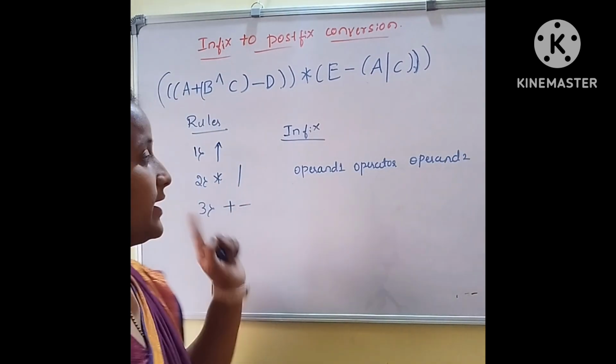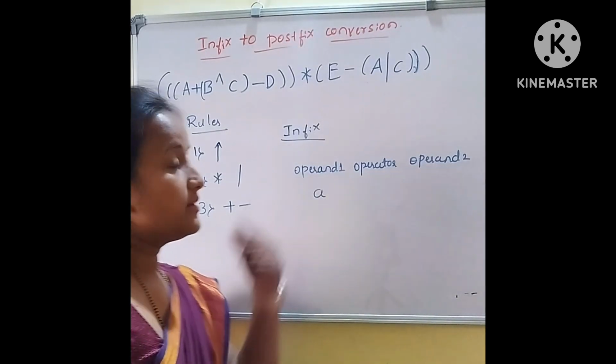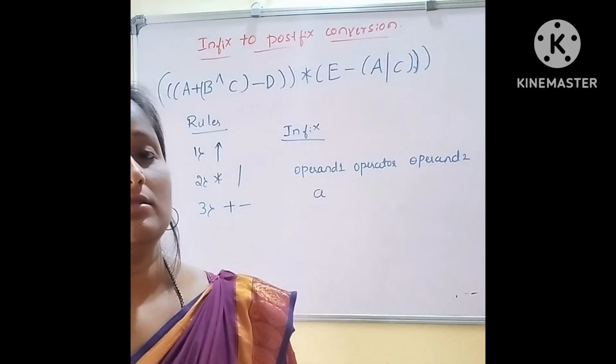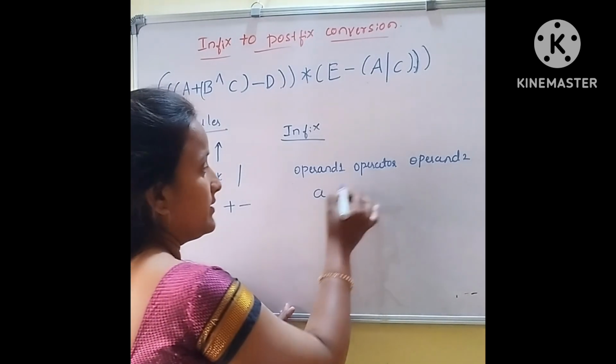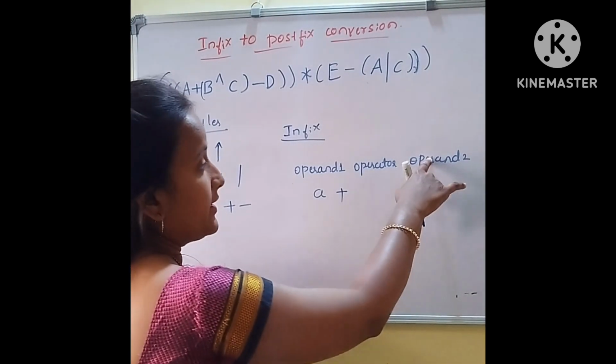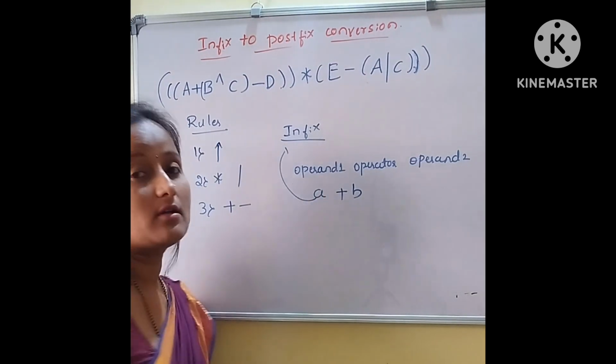Operand 1 may be any variable, A. The operator is either plus, minus, division, multiplication, any operator. I can take that as plus. The second is operand 2, I can take B. So this is in the form of infix.